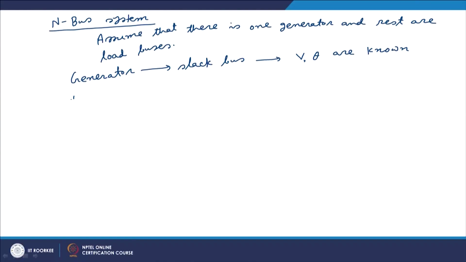In fact, the angle of this particular bus is taken to be 0. And because the rest are all load buses, P and Q are known, that is, the injected power at these load buses, both real and reactive, are known.